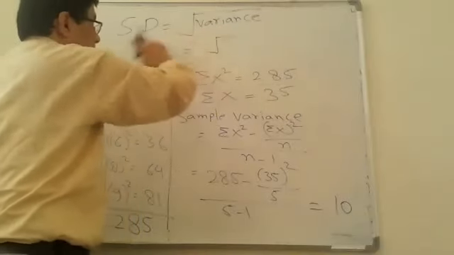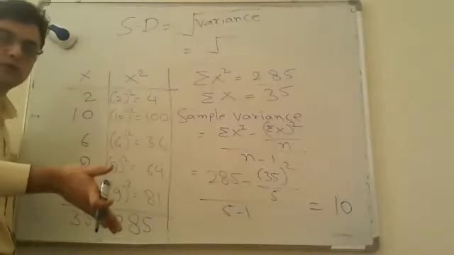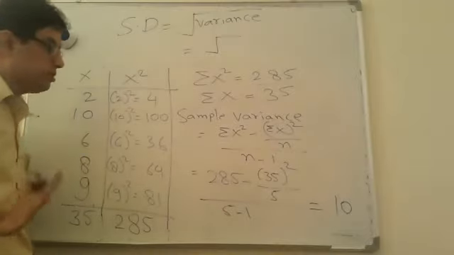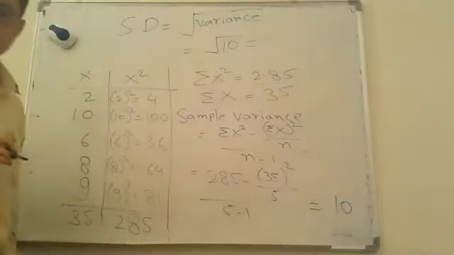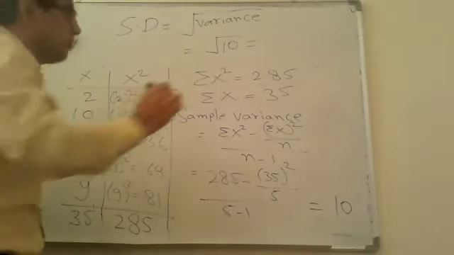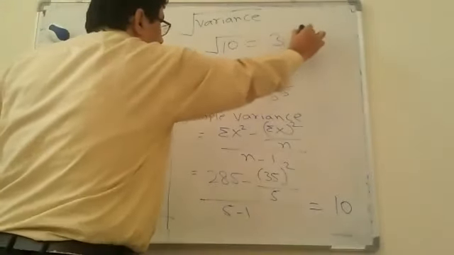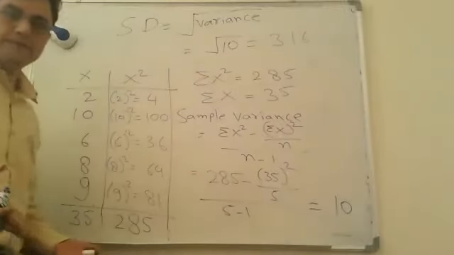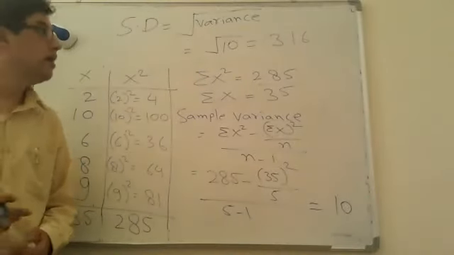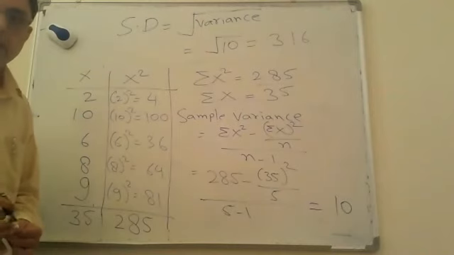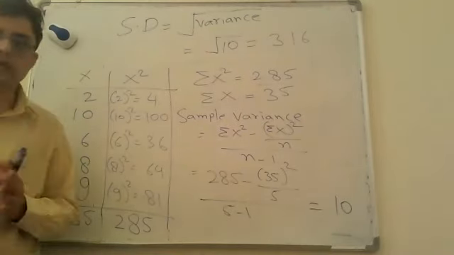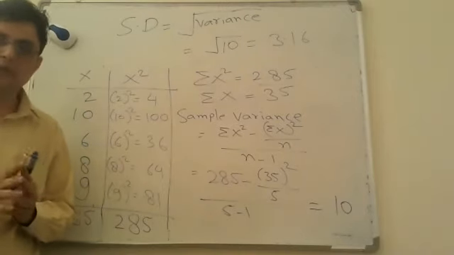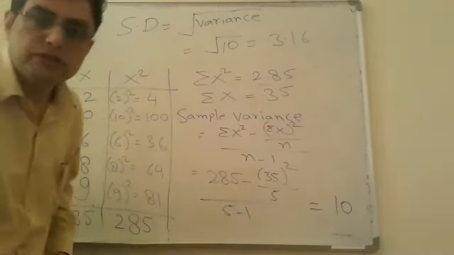So this applies to both. The square root of 10 is approximately 3.16. So these are the two types of standard deviation and variance. Thank you for watching this video.